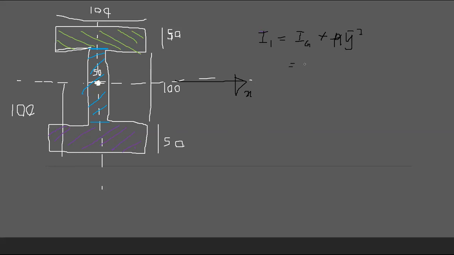So I1 is b d cube over 12, where b is 100 and d is 50, plus A, which is 100 into 50, into y bar squared. y bar is 50 plus this distance, 50 by 2, 25, so 25 plus 50, that's going to be 75.